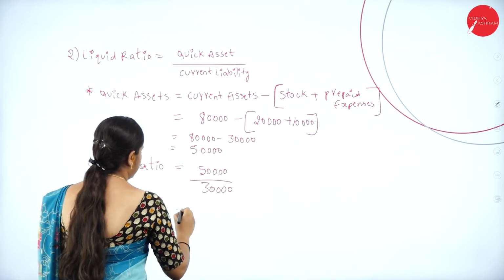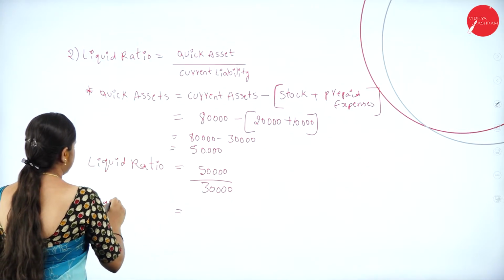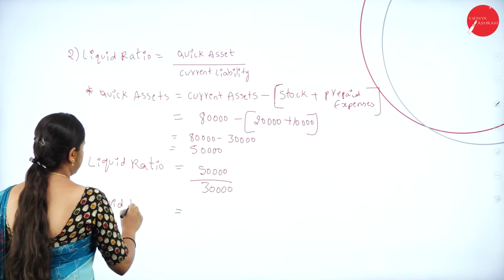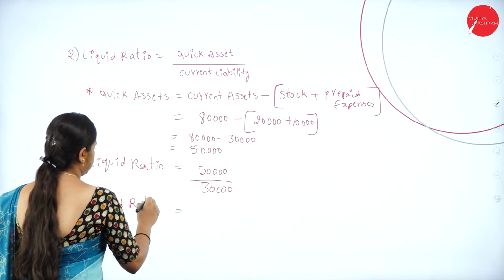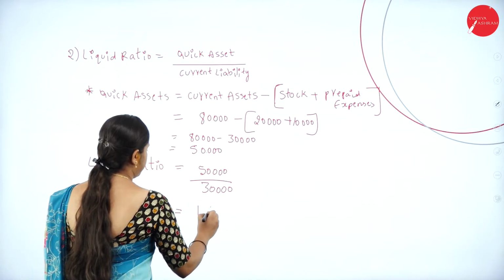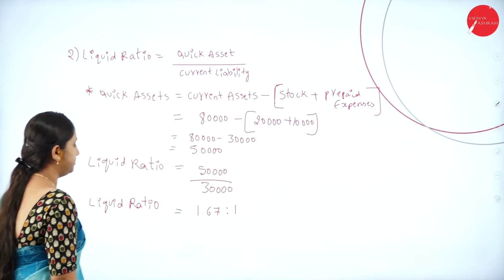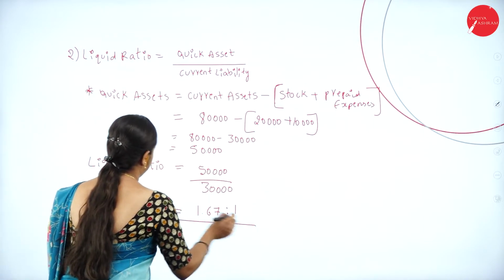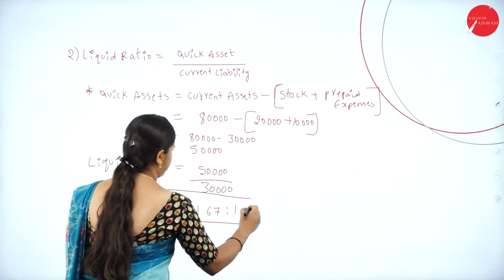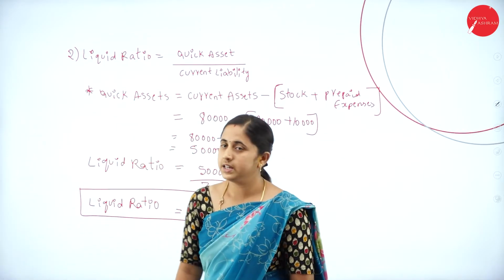Now the liquid ratio is equal to 1.67 is to 1. 1.67 is to 1 is liquid ratio.